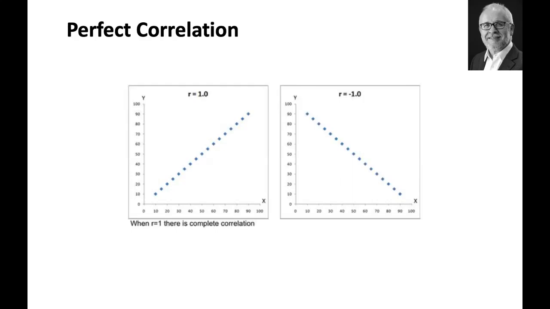So here is an example of what perfect correlations look like. The one on the left is R equals 1. There is a perfect correlation between X and Y. Every time X goes up, Y goes up, and it goes up in the same ratio each time. On the right-hand side, we have R equals -1, a perfect negative correlation.